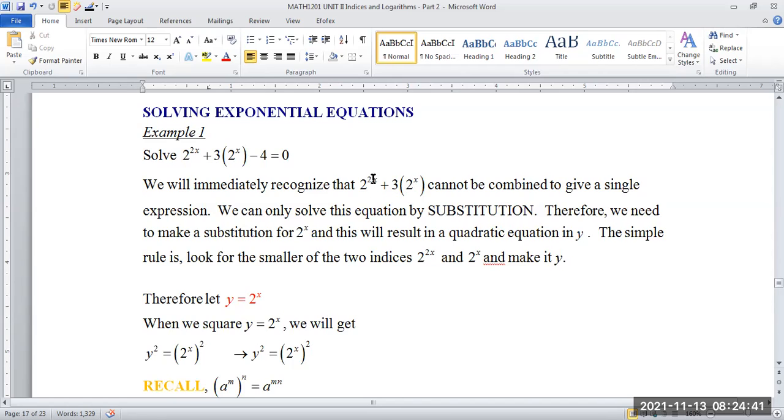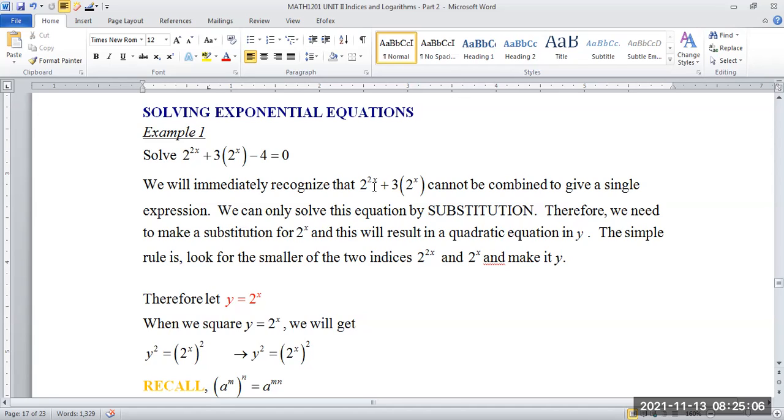We still don't have a substitution for the other term yet. And we can't introduce another variable, because one equation can only be solved with one unknown, not two unknowns. So it means that I have to make a substitution for the 2 to the 2x.